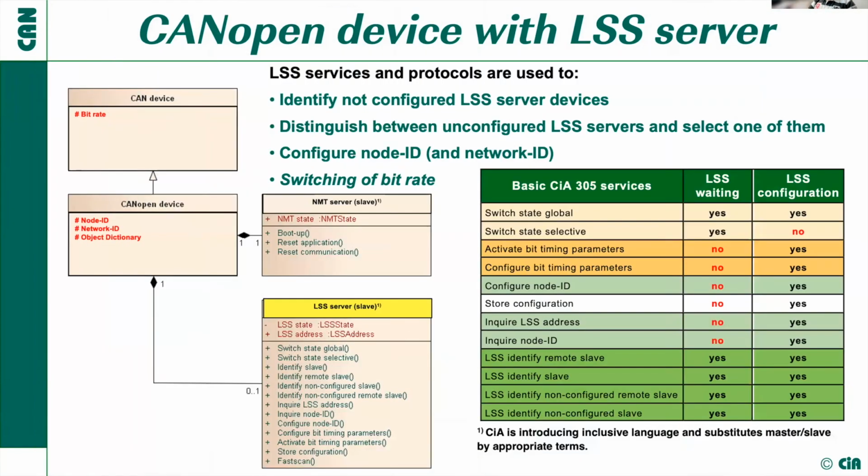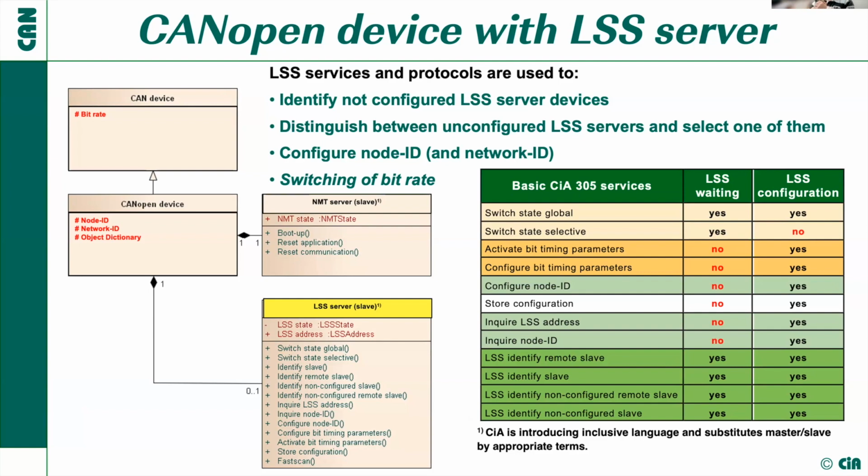Yeah, and not just for CANopen FD, but already for CANopen Classic, the layer setting services were invented, as I've said, to identify unconfigured LSS server devices. So let's say CANopen devices that are dynamically attached to a system have no node ID, and then they should somehow be treated by a host controller.